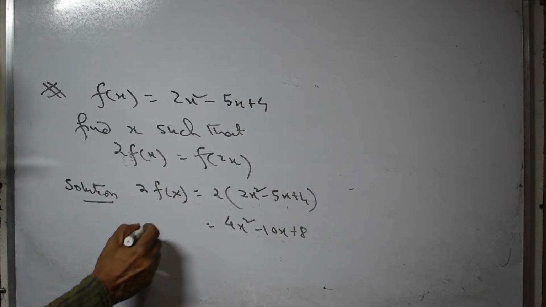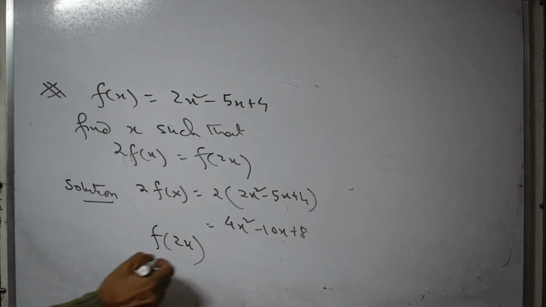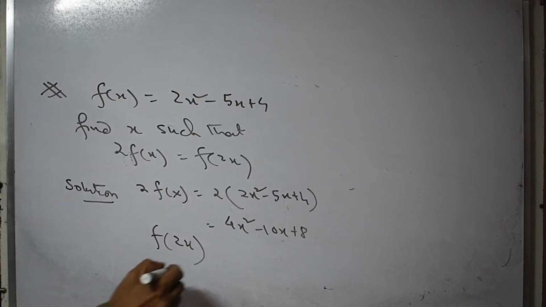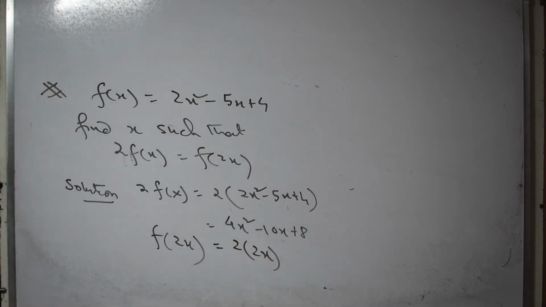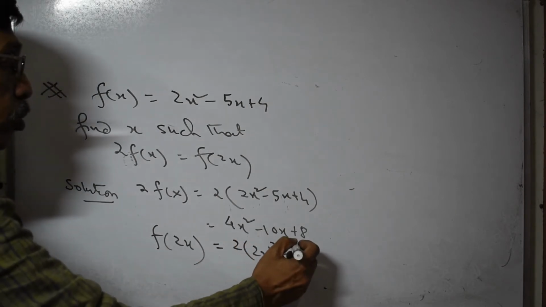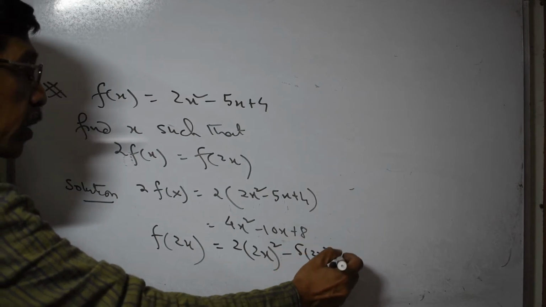Now when we are considering f(2x), the idea of function is to replace x by 2x. So that will be 2 into (2x) square minus 5 into 2x plus 4.